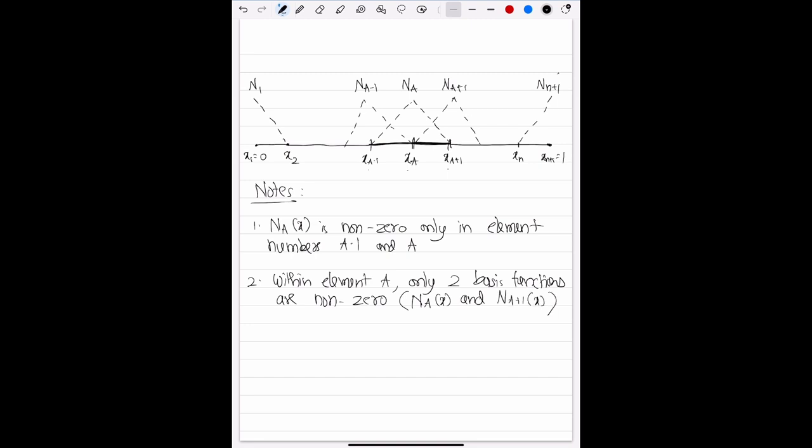All other basis functions are 0 within this particular element, and hence if we try to express the solution within this particular element, then uh_h of x can be written as Na of x multiplied by dA plus Na plus 1 of x multiplied by dA plus 1, and this is true for x belonging to xa to xa plus 1.